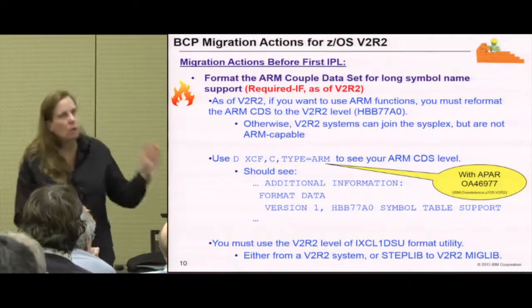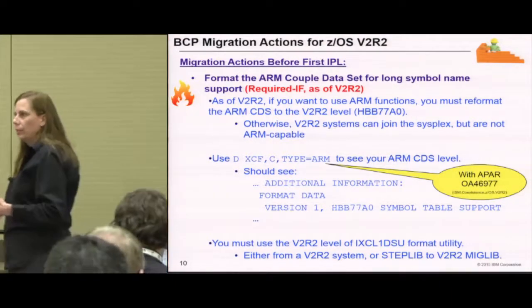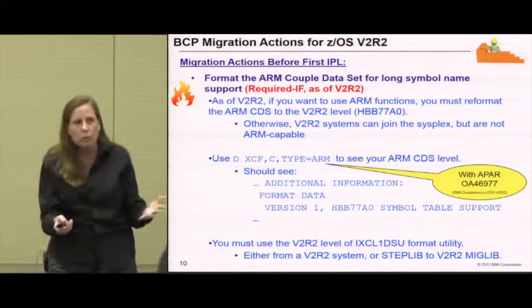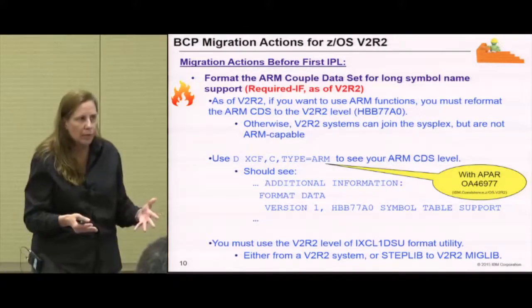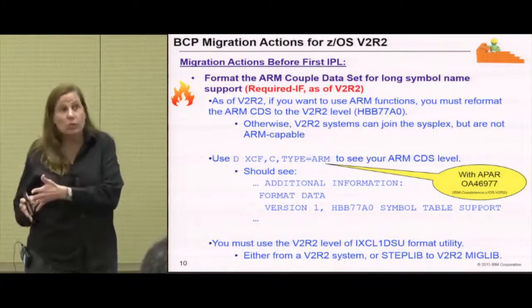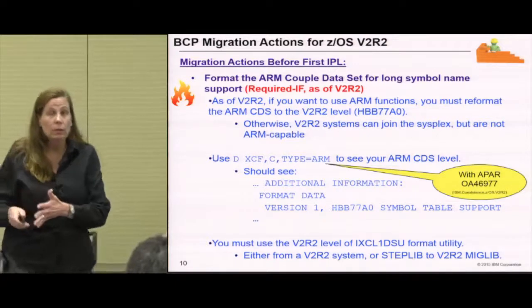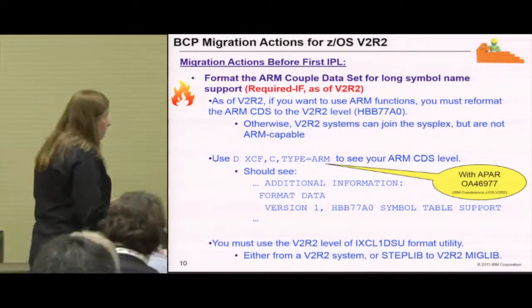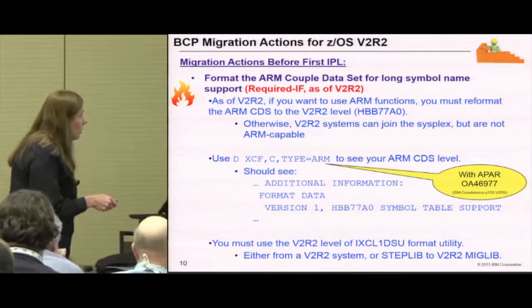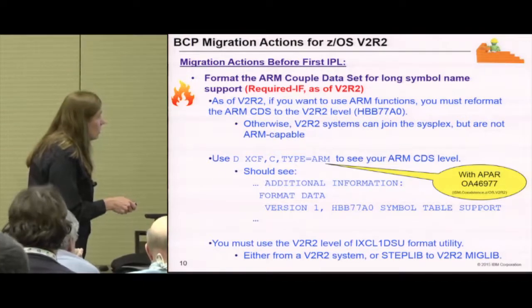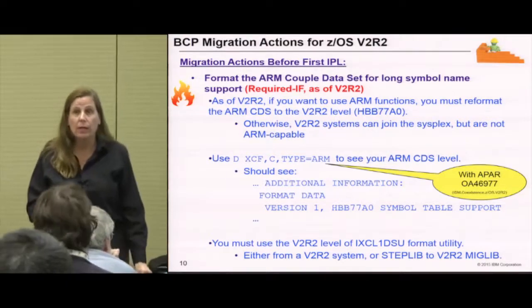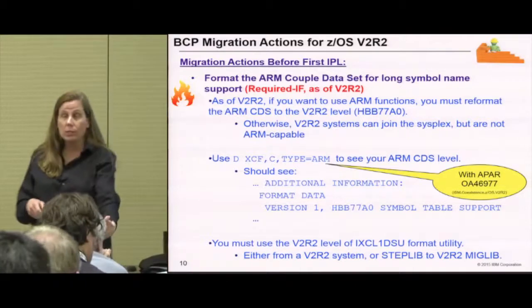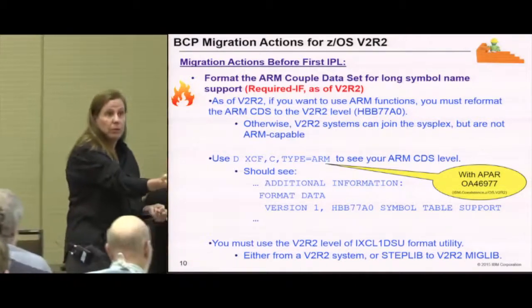So how do you know if your ARM coupled data set is at the right level? First of all, if you're running on 2.1 or 2.2 today, it's not at the right level, because it was introduced in 2.2. So we put an APAR out, OA46977, and marked it with the coexistence fixcat, and that APAR provides coexistence support for this ARM coupled data set.